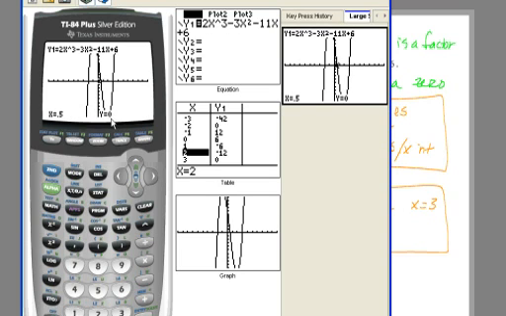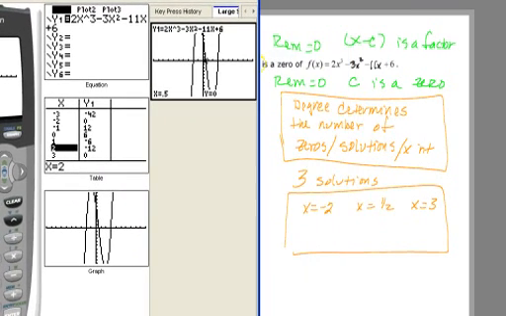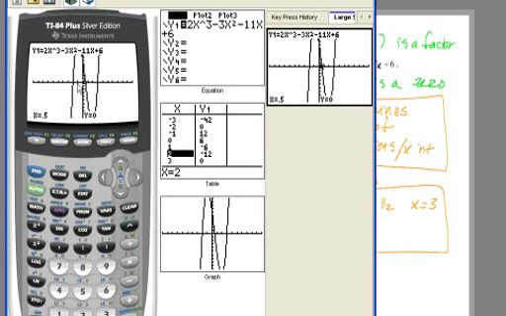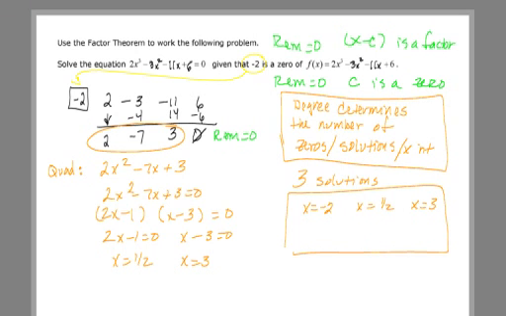There is the third number, and it just validates the work that we did over here by doing synthetic division and finding the solutions of that equation. Those 3 solutions are also validated on our graph as these 3 spots: the 1/2, the -2, and the 3. So you can use your calculator to kind of determine if you did the work correctly.